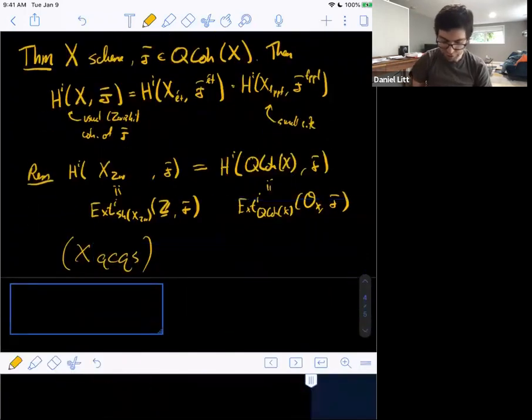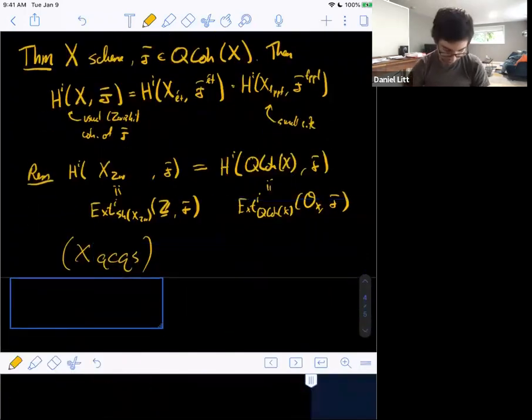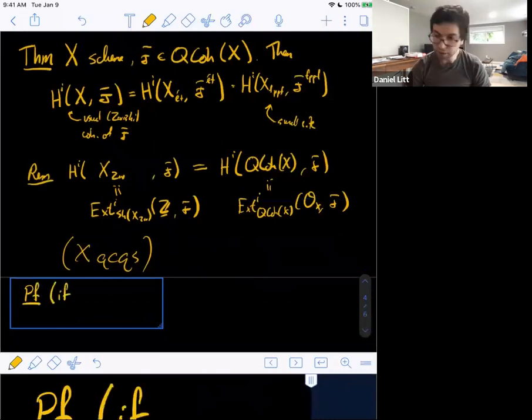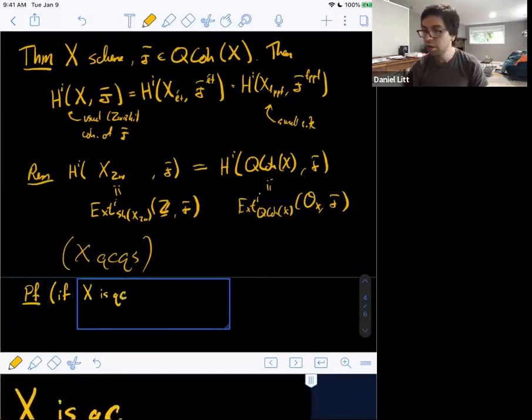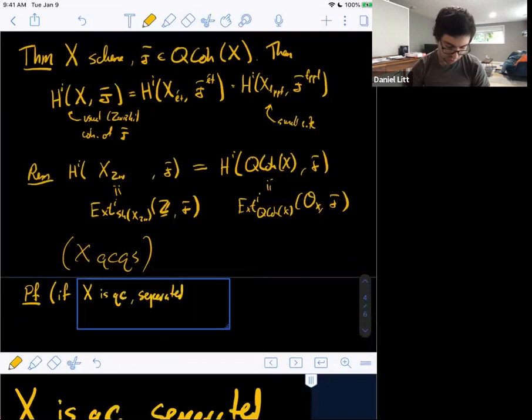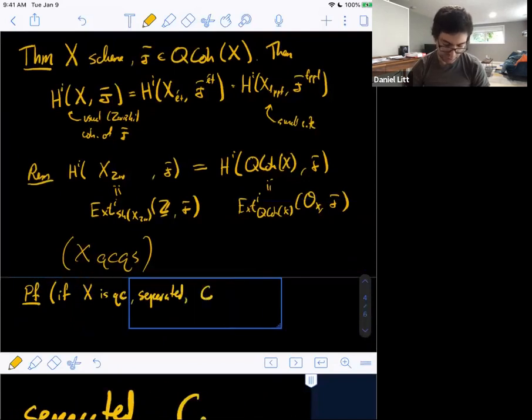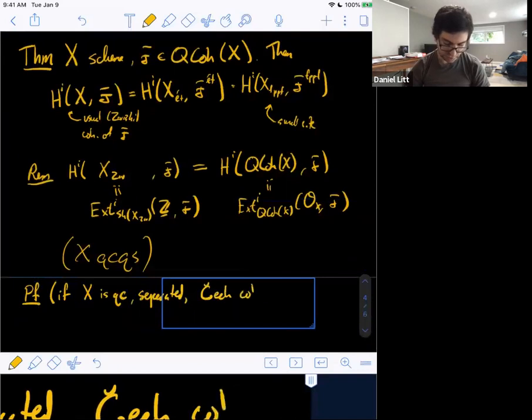So I'm actually going to prove the theorem in a fairly special case. So I'm going to prove, if X is quasi-compact and separated, and the big assumption I'm going to make is that Čech cohomology computes derived functor cohomology.